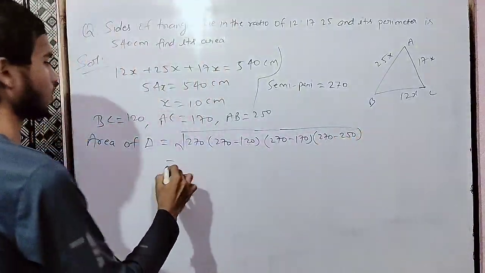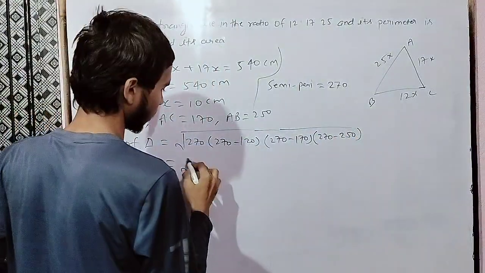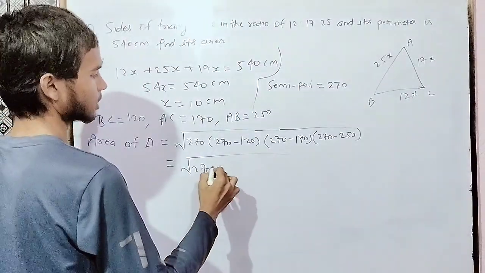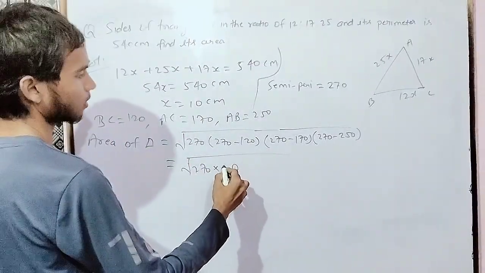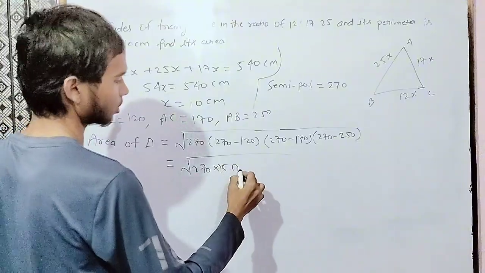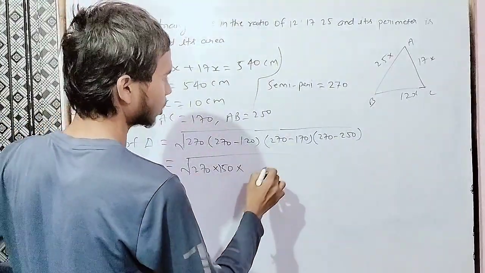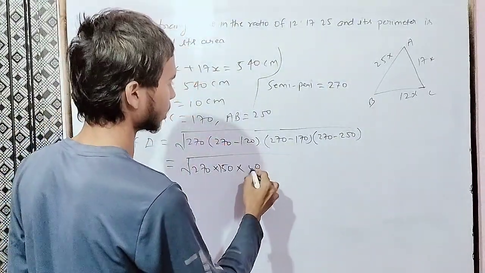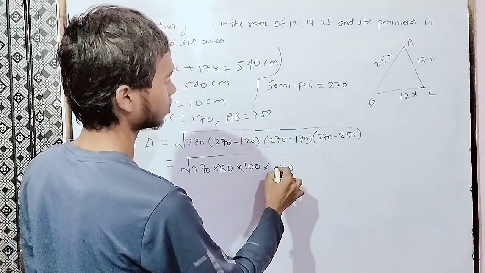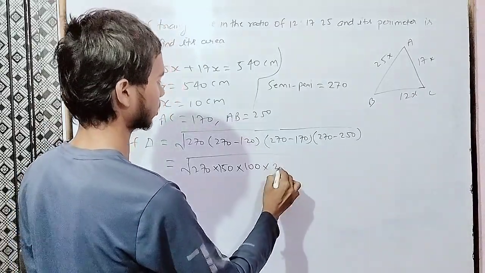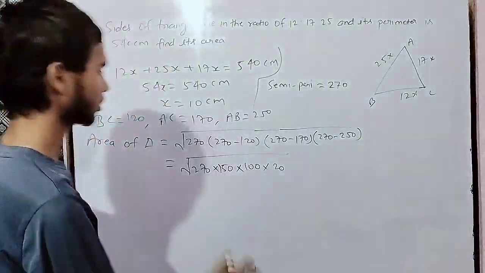Now we can simplify it easily. 270 minus 120 is 150, 270 minus 200 is 70, 270 minus 250 is 20.